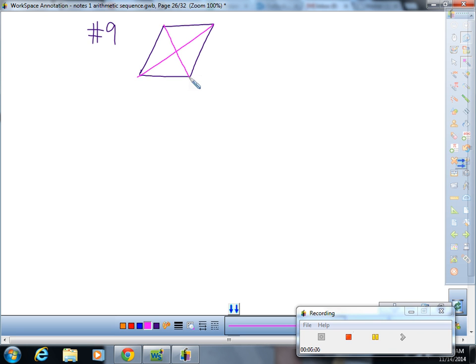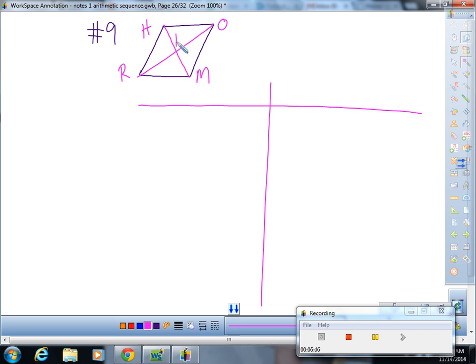Alright, I'm going to use my super special theorem on this one, the one that I think I forgot about until somebody in this bell or first bell reminded me of it. Oh, let's go with R H O M B. So we remind ourselves that is indeed a rhombus.